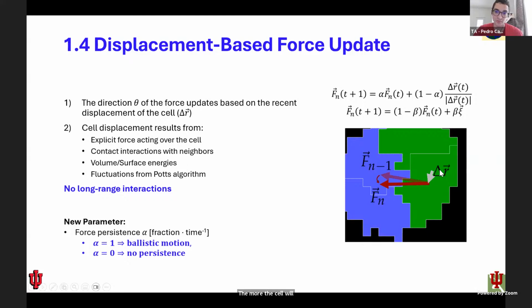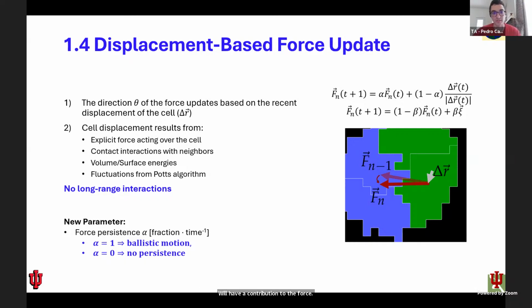But when you consider the cell displacement to calculate the new force, it means that any interaction between the cell and anything happening around it will have a contribution to the force.